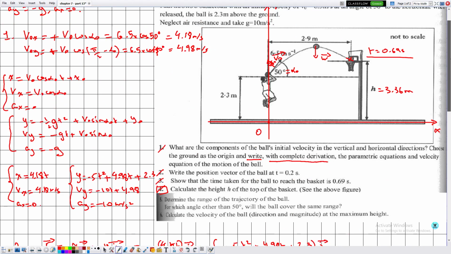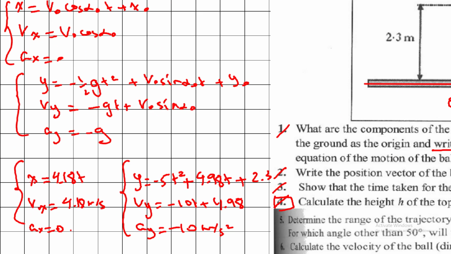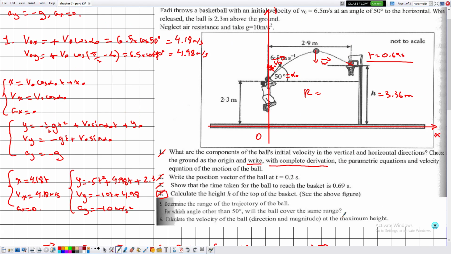Now notice that when we are interested in determining the range, which is r, the distance from this point to this point, we need to find a horizontal distance, which means we need to find the value of x. But in order to find the value of x, first we need to find the value of t.